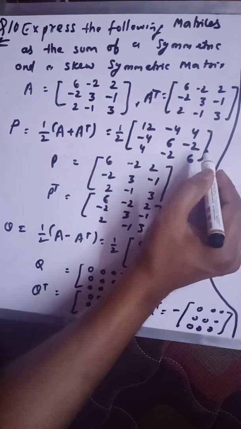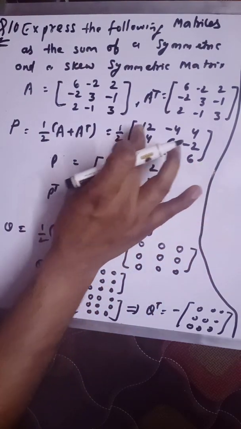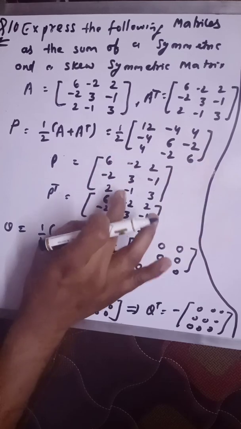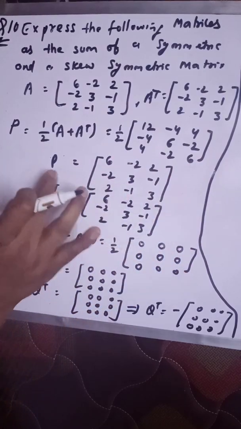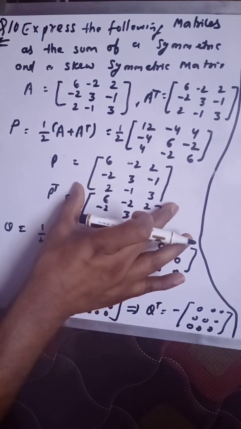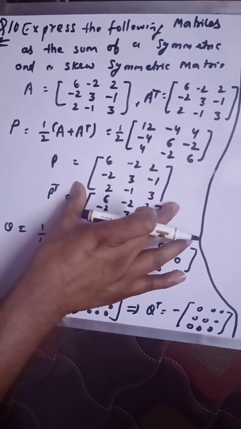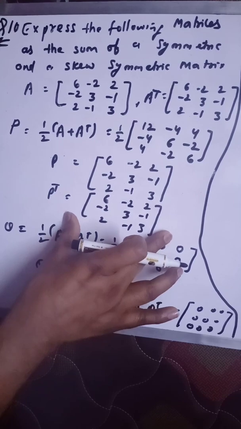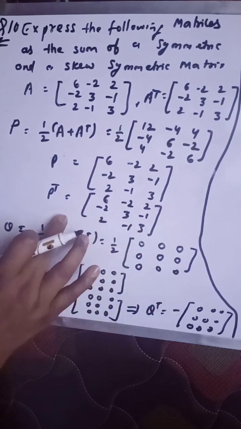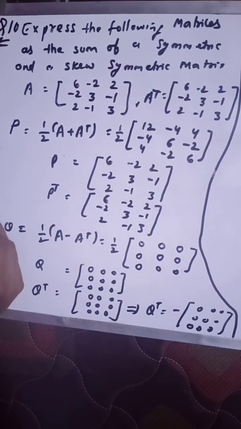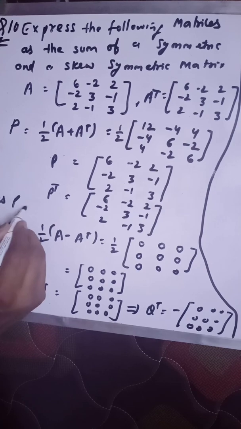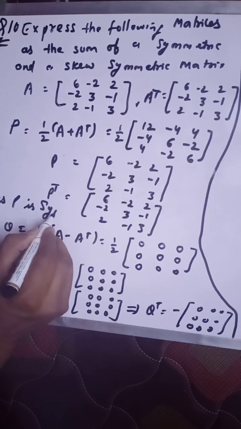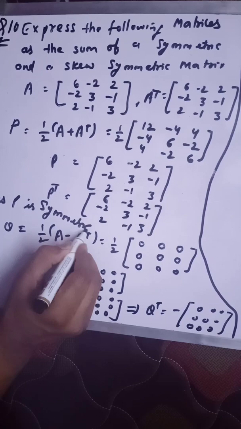Got it? So you have to insert half in this matrix, and you will get this matrix P. This is the P matrix. When you find the transpose of this matrix, it will remain the same. So yes, P is symmetric.